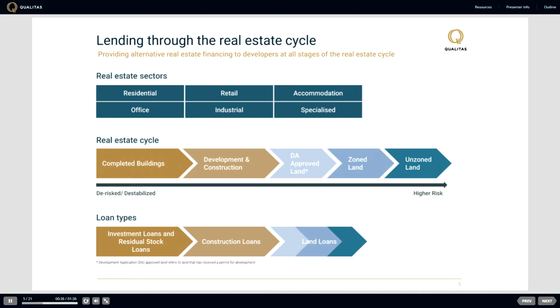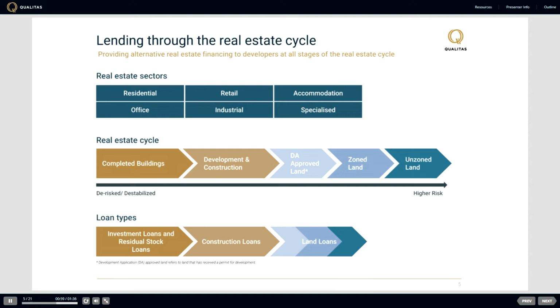Zoned land is often the riskiest part of the real estate life cycle, as its ultimate use can be unknown or changed. Loan types you can see relate to each stage of the real estate life cycle. First one is land loans, used to fund land that is ultimately intended to be developed.